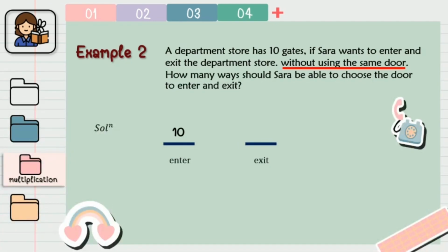The problem says not to use the same door. One door has been used, so now there are only 9 doors for exit. We get 10 times 9 is 90. So Sarah can choose from 90 ways to get in and out of the doors.